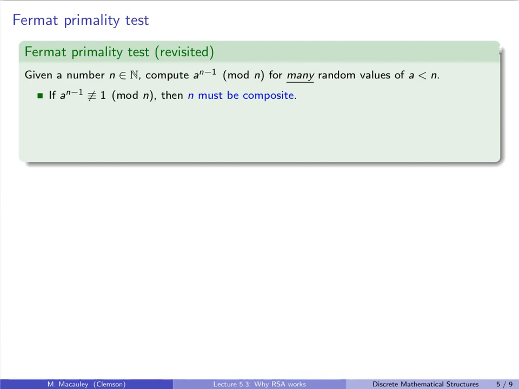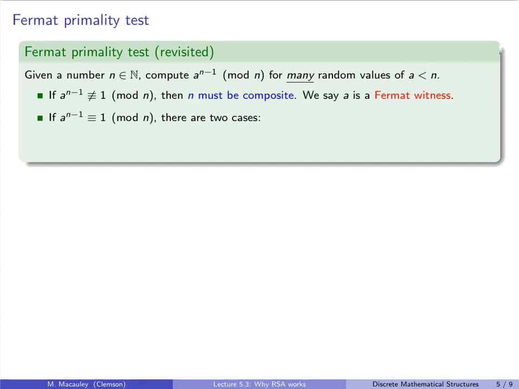If for some value of a, we get that a to the n minus 1 is not 1 mod n, then we know right away that n must be composite. In this case, we say that the number a is a Fermat witness. It specifically demonstrates that n cannot be prime.